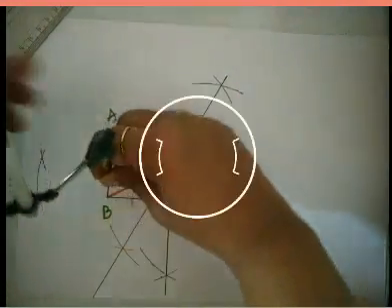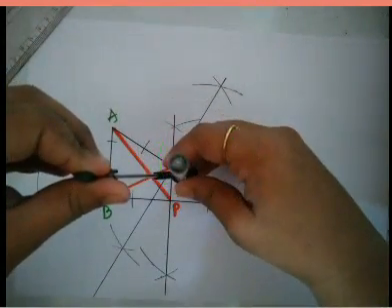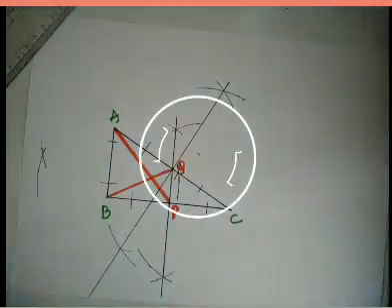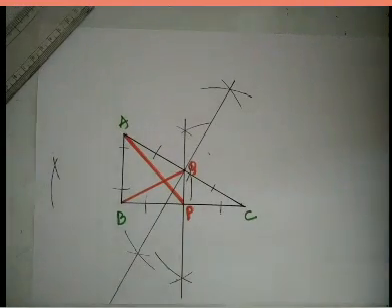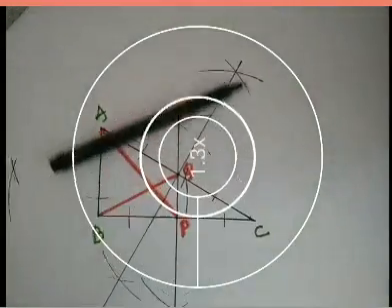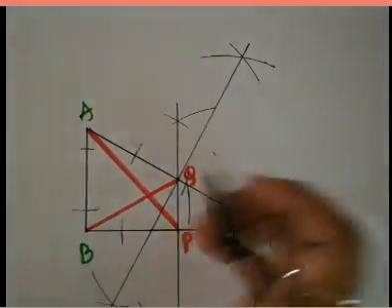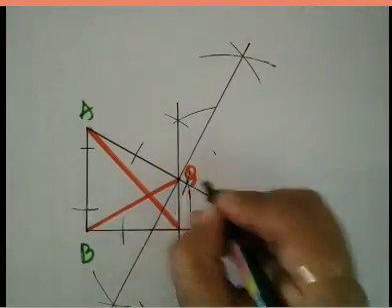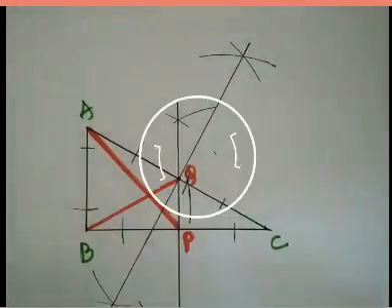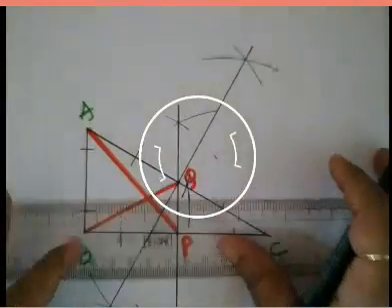So here I have extended the first one and here the second one. So I have got two points, here you can see this and this we have got. So here we will join them.